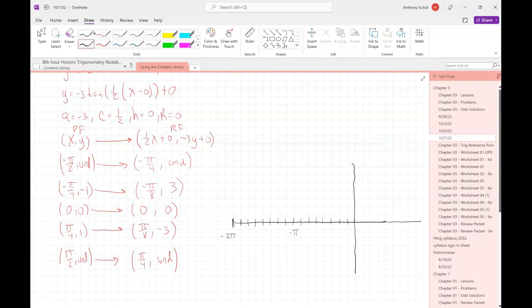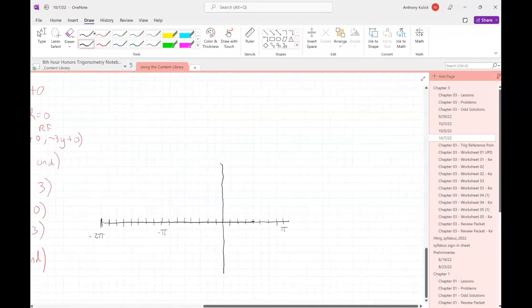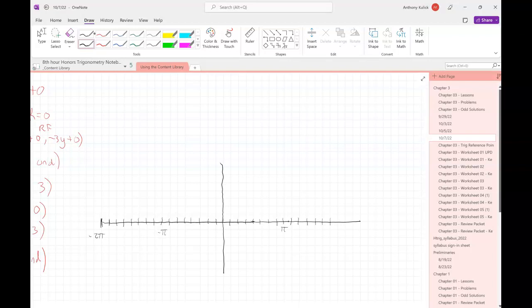And then keep on going, 1 through 8 again, and again.